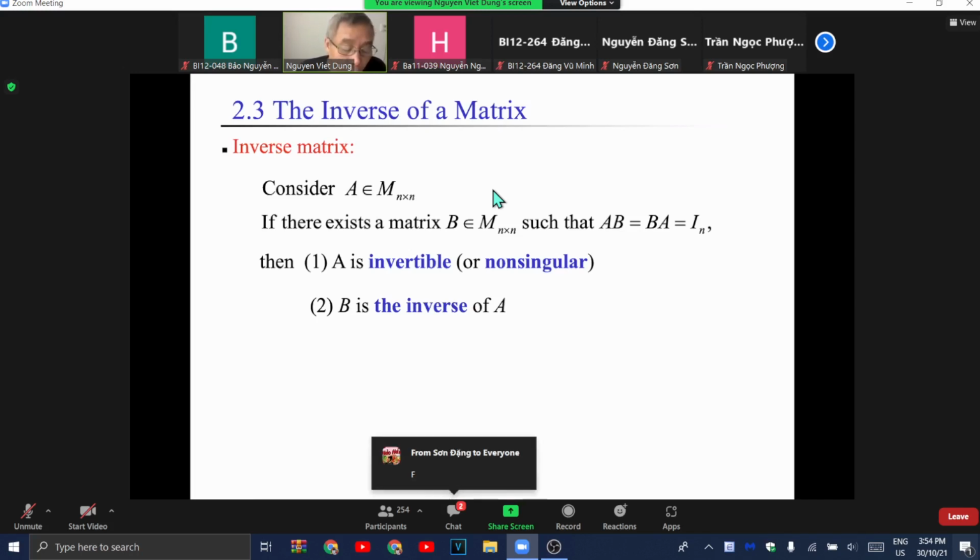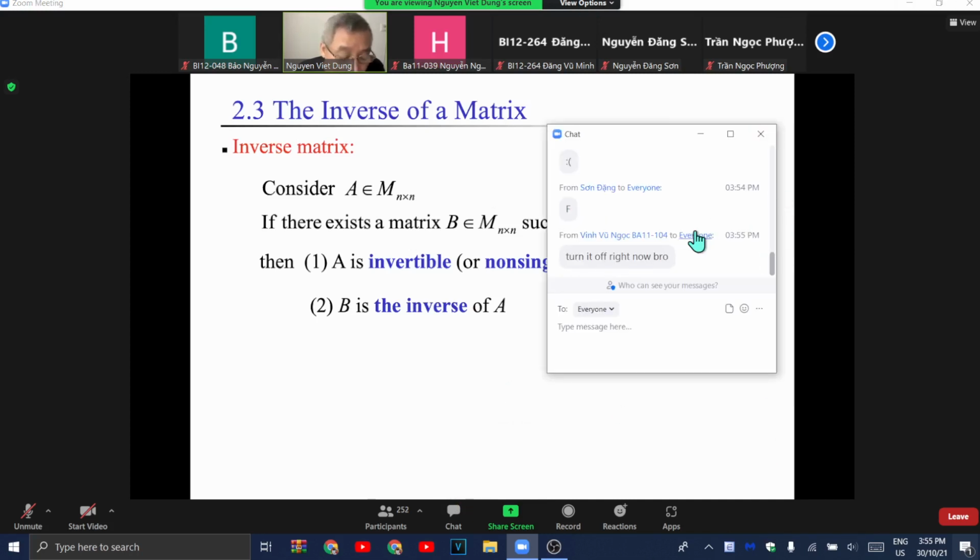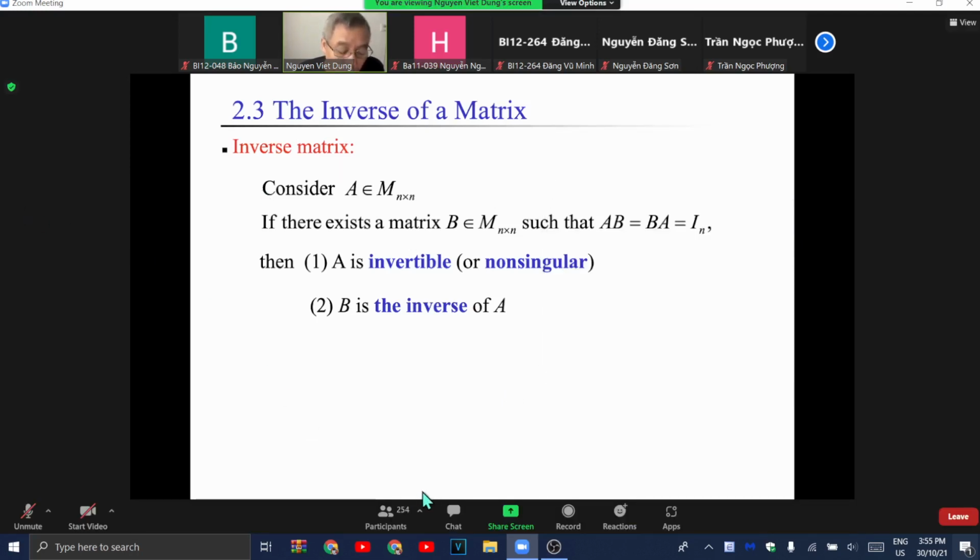If we can find a square matrix B of the same size n, so that AB equals BA equals identity I_n, then we say A is invertible or non-singular, and in that case we say B is the inverse of A.